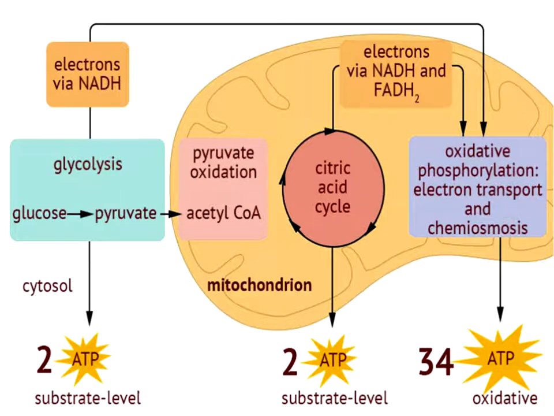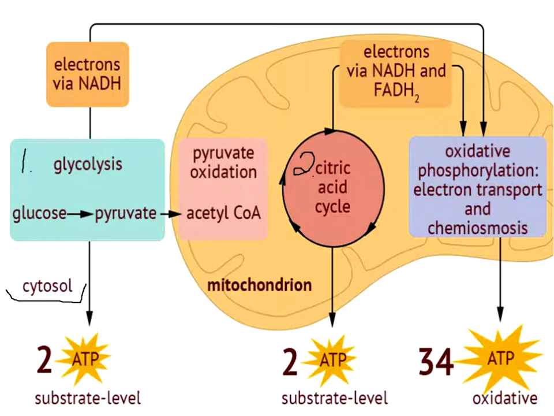Here it is again. Remember how I said photosynthesis is done in 2 steps, light dependent and light independent? Well, cellular respiration is done in 3 steps. Glycolysis, and this happens in the cytoplasm. You also have the citric acid cycle.